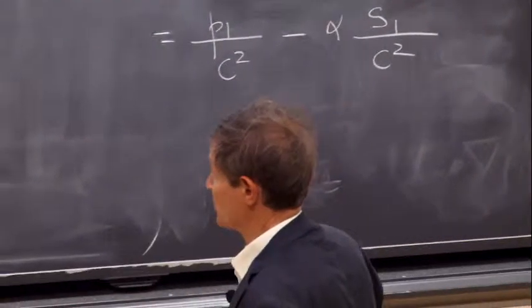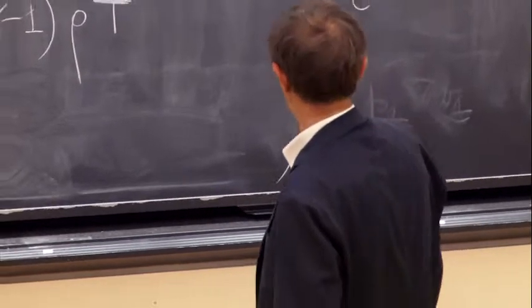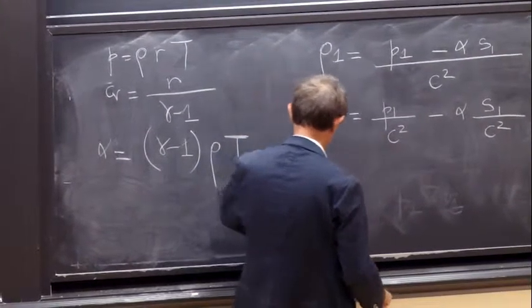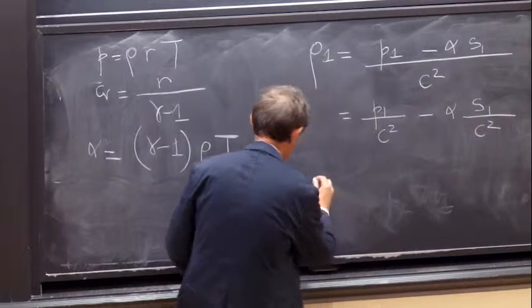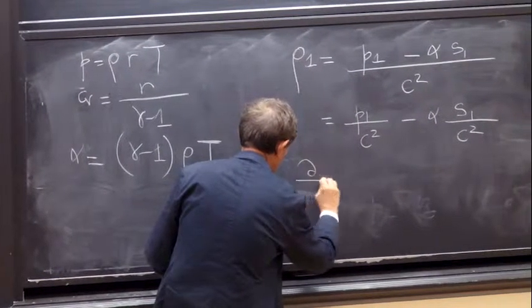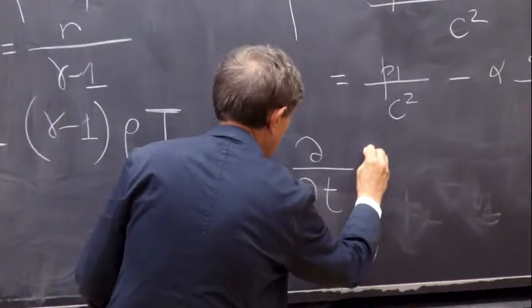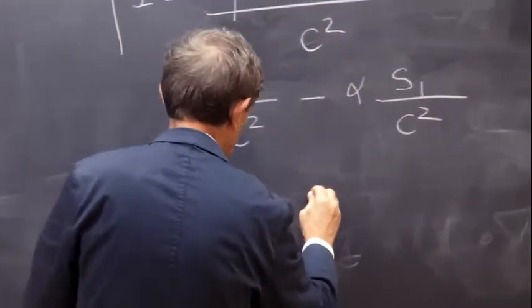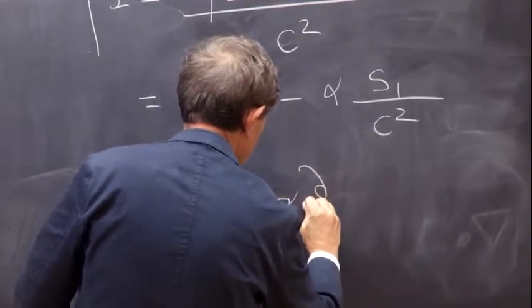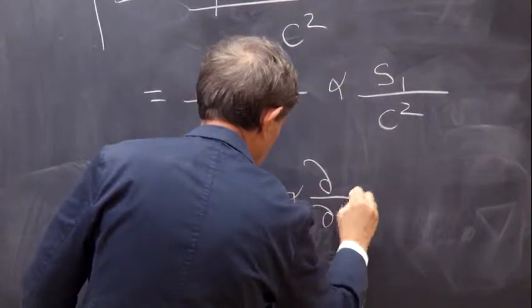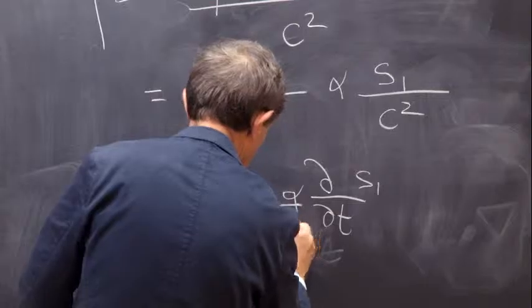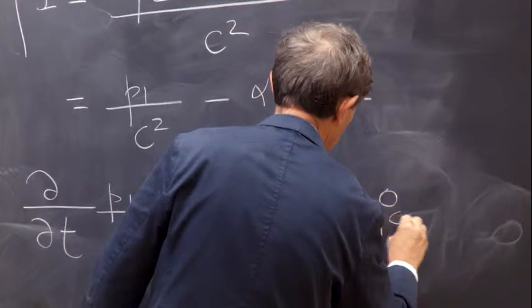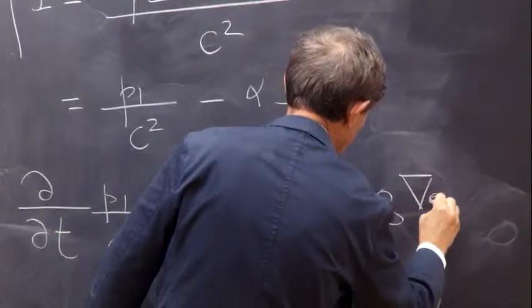This will be put into the equation for the density, and this equation is replaced by d by dt of P1 over c squared minus alpha d by dt of S1, divided by c squared, plus rho 0 divergence of V1.